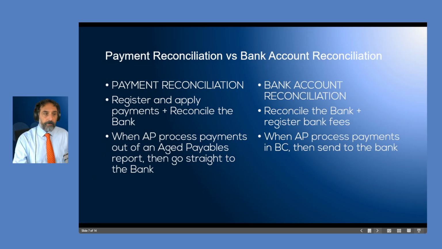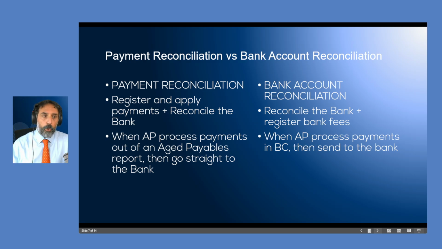So, when do we use it? Processes and how the organization works come before features. Payment reconciliation is used when accounts payable, the team responsible for paying your suppliers and vendors, process payments out of an aged payables report.